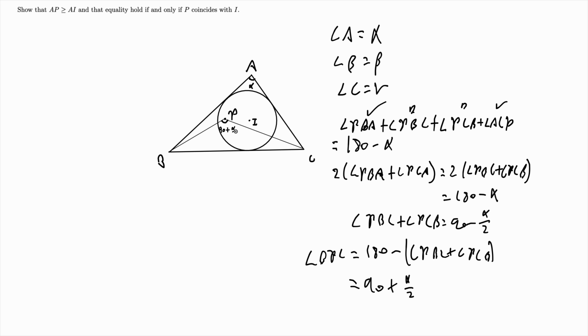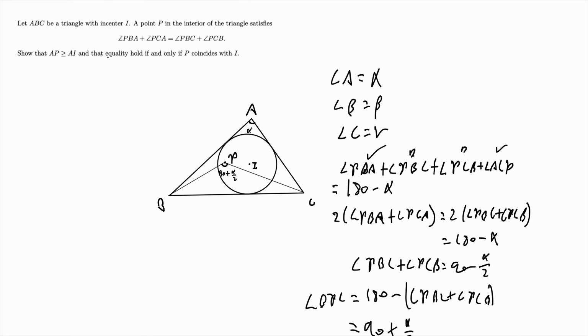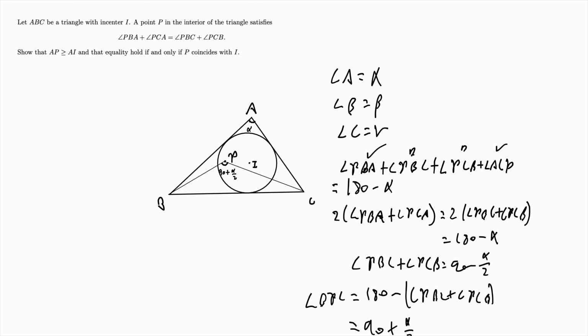When this angle is alpha over 2, but can you guess what else is alpha over 2? Can we actually draw another line like this? We're going to draw a new line, this one and this one.